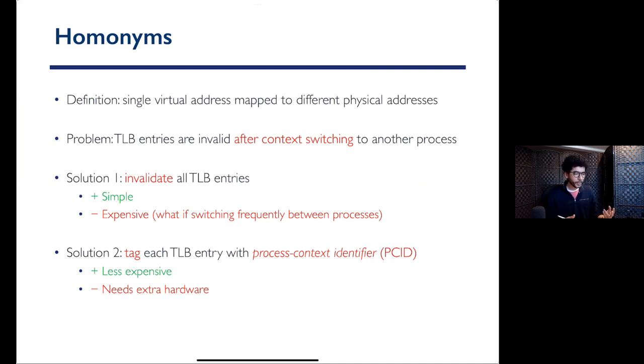So we had two options: either invalidate the entire TLB every time we context switch, which was simple, but it had a performance cost in case we go back to the one that we context switched from. Then we have to warm up the TLB from scratch, which has a performance cost. So an alternative was to tag our TLBs with the process ID. And not only do we check if the virtual address translation exists, but also if this virtual address is the right virtual address for the process that is running.